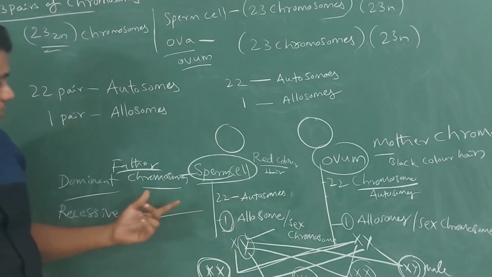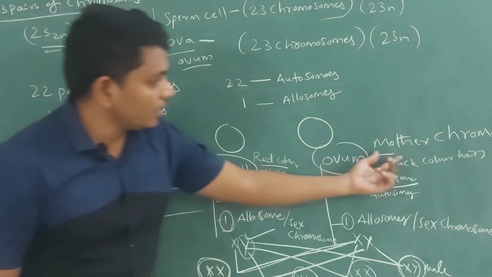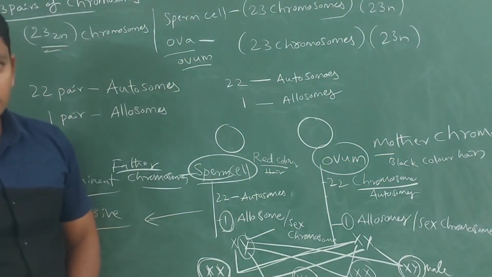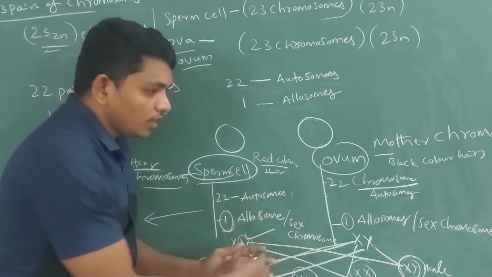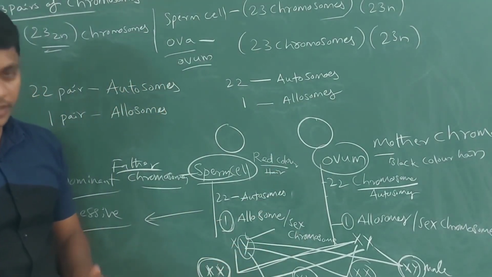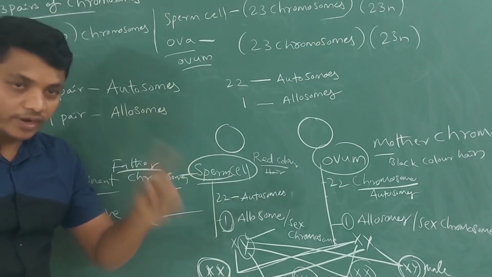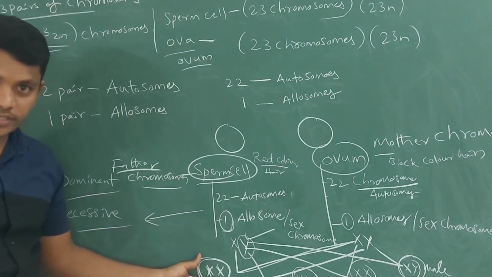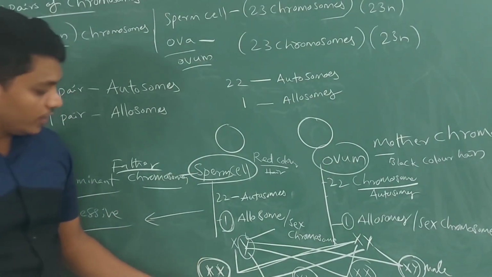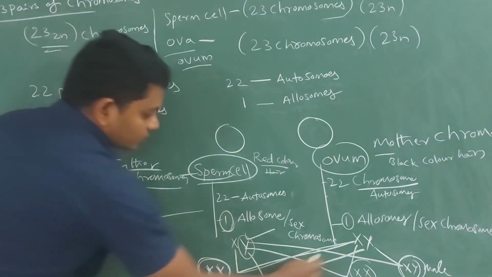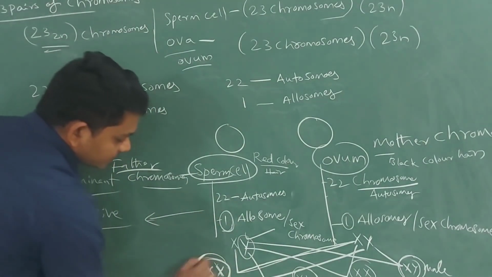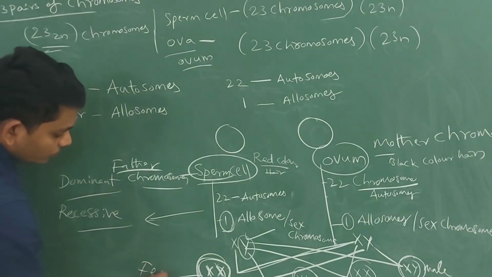Red color hair is contained in the father's chromosome and black color hair in the mother's chromosome. When these two characters are combined, one of them will come in the next generation. For example, if XX chromosomes combine, then a female baby will form.